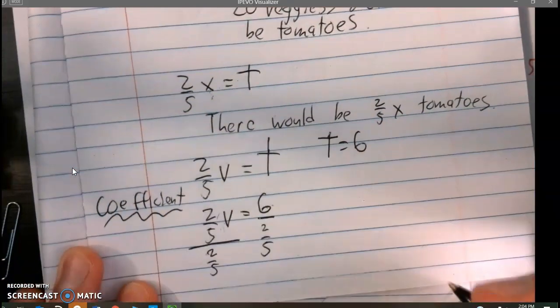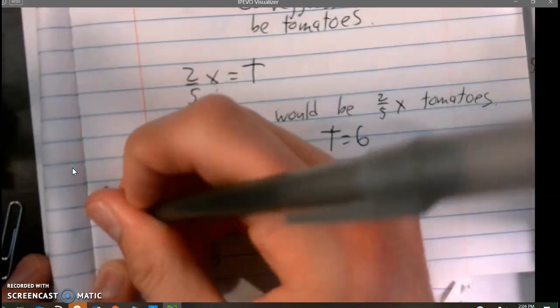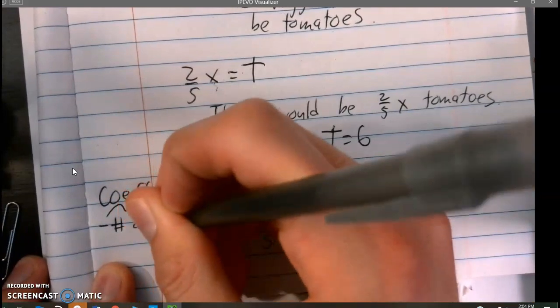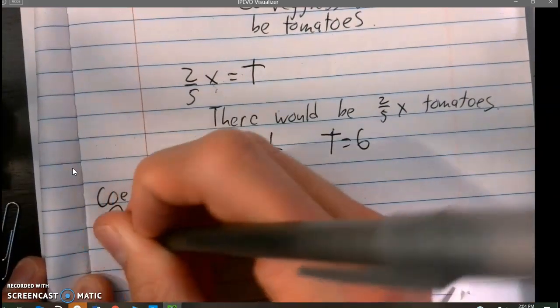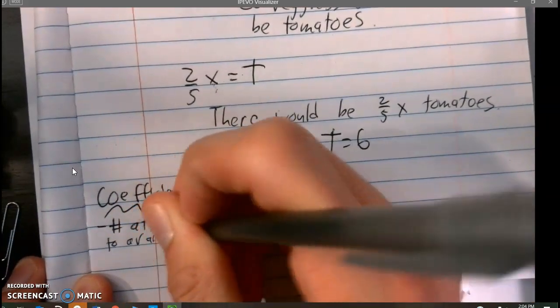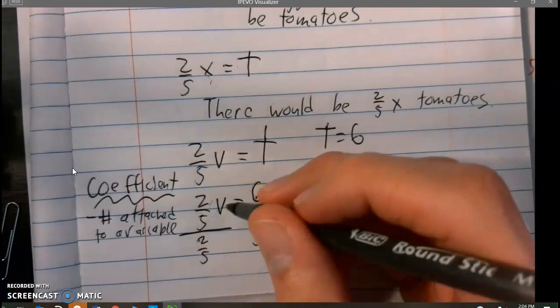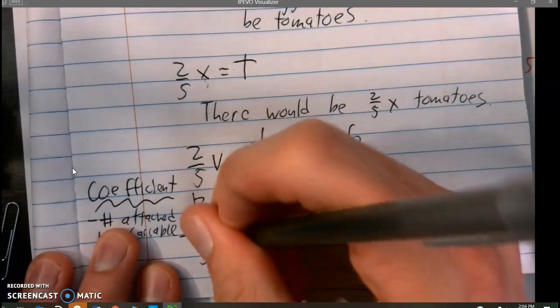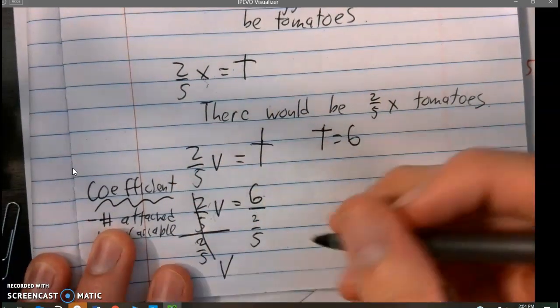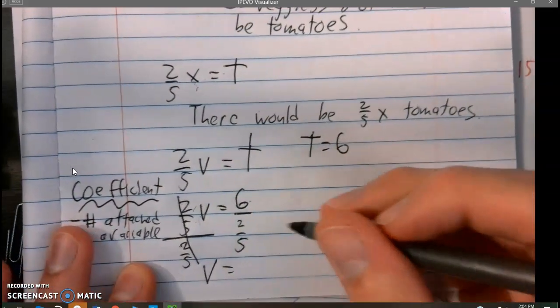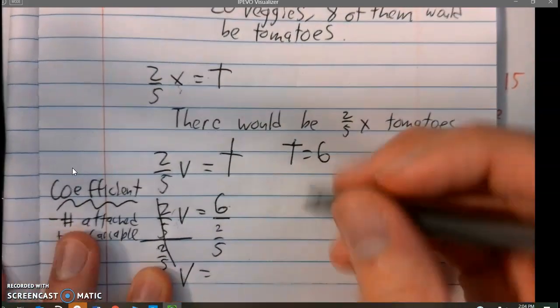That's a really important vocab term, and the coefficient is the number attached to a variable. So here we're going to divide by 2/5. 2/5 divided by 2/5 is just 1, so just 1V. But 6 divided by 2/5.